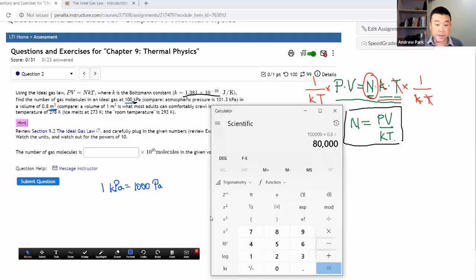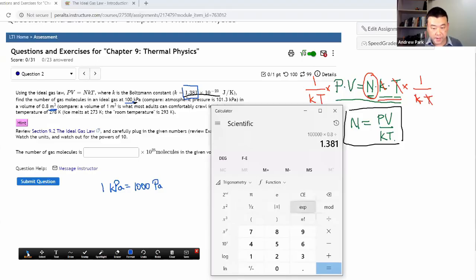So let me demonstrate how I know my calculator works. I'm going to use the E notation. It uses this EXP key. The way it works is, first I plug in the leading part of the scientific number, which is 1.381.